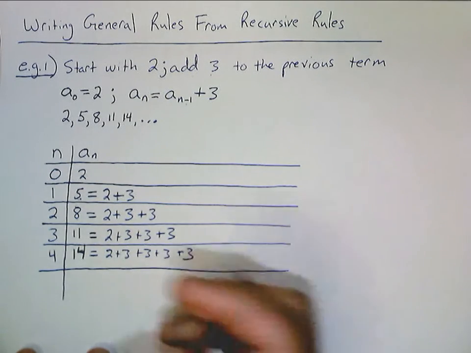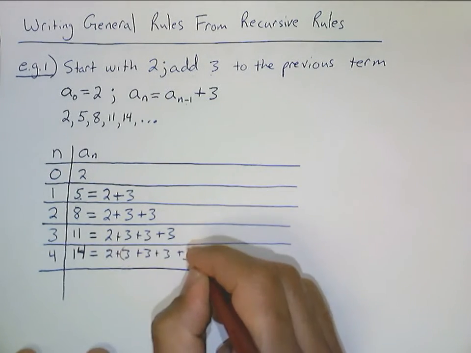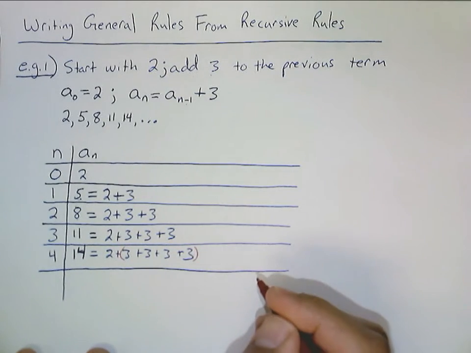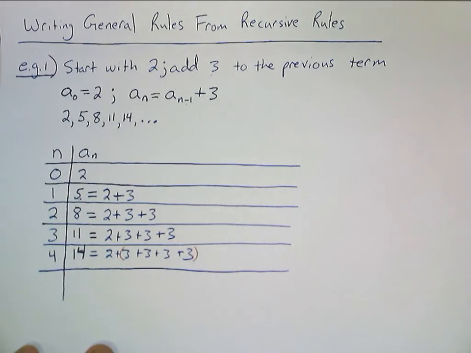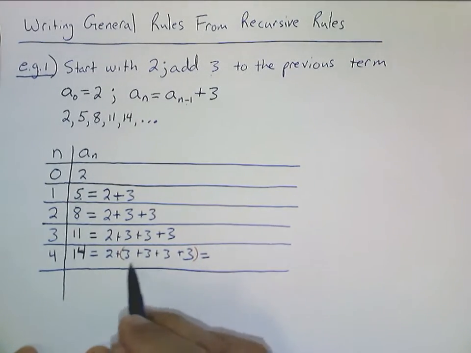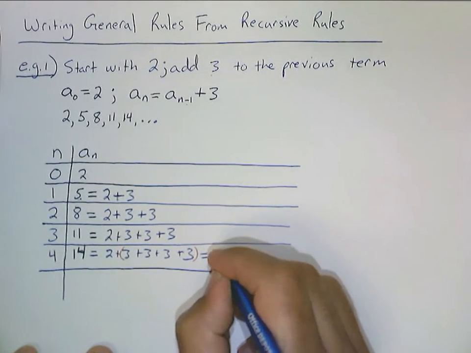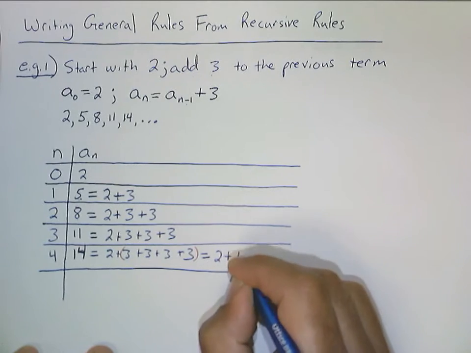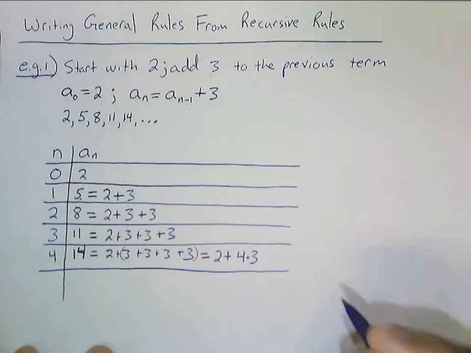So these 3 plus 3 plus 3 plus 3, that's 4 3's added together. So instead of thinking about this as 3 plus 3 plus 3 plus 3, we want to rewrite that as a multiplication, because a multiplication is this repeated addition. So this would actually be 2 plus 4 of these 3's.